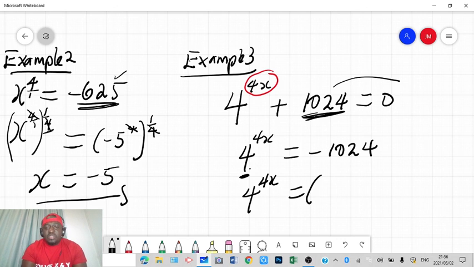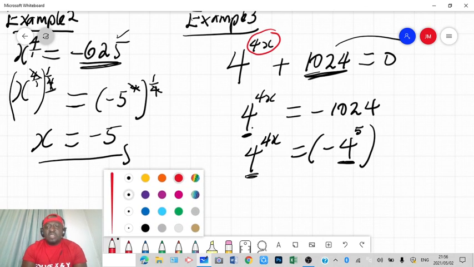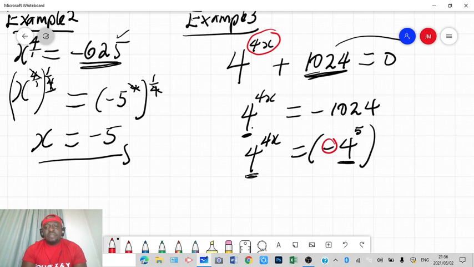And when I use 4 to the power of 5, I'll get this 1024. But at this point, what I realize is that my bases are not the same, because this one here is negative. And for that matter, I cannot equate the index and solve for x.